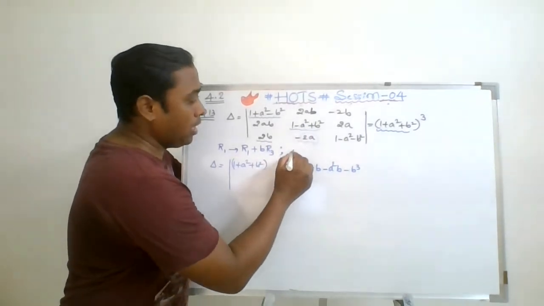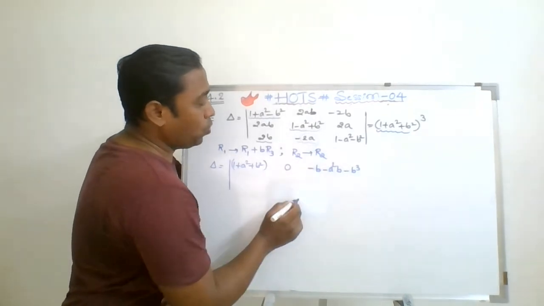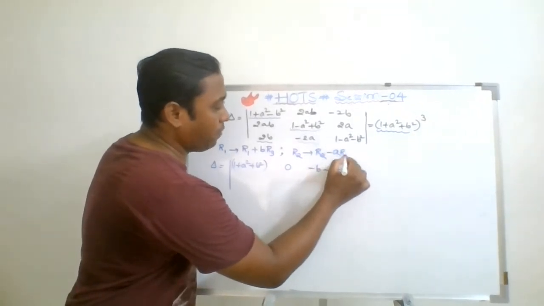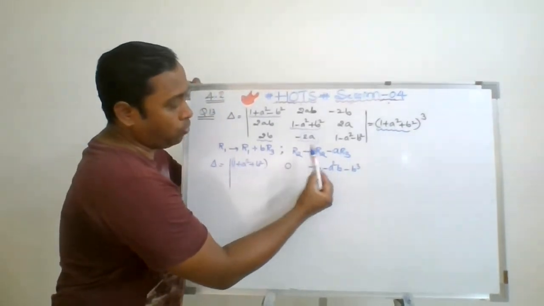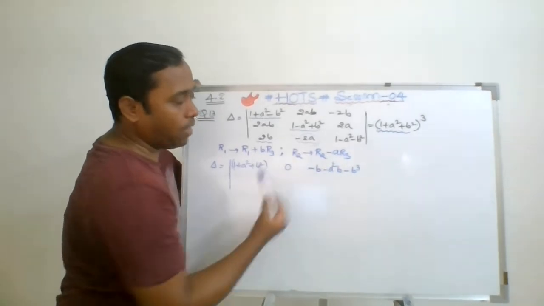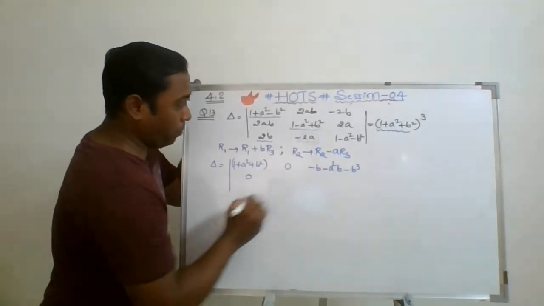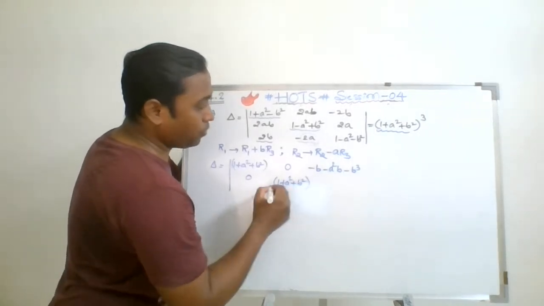So that is what in row 2 I am going to change: R2 is going to change like R2 minus a times R3. So ultimately this element becomes 0. The middlemost element becomes 1 plus a square plus b square.